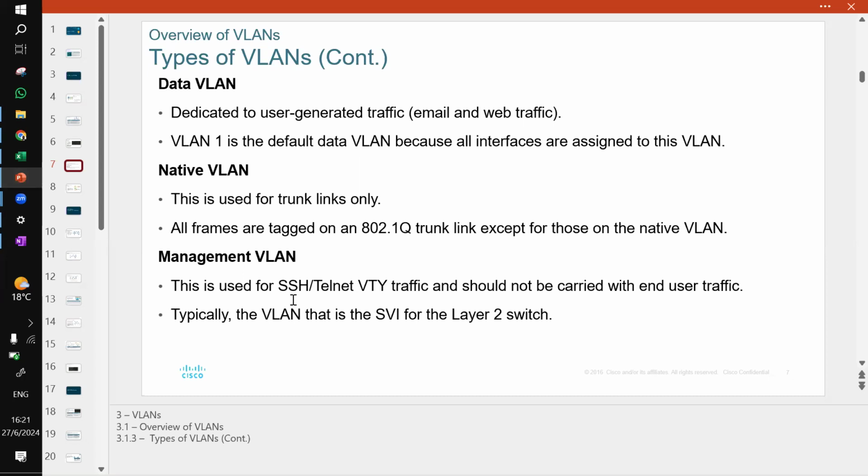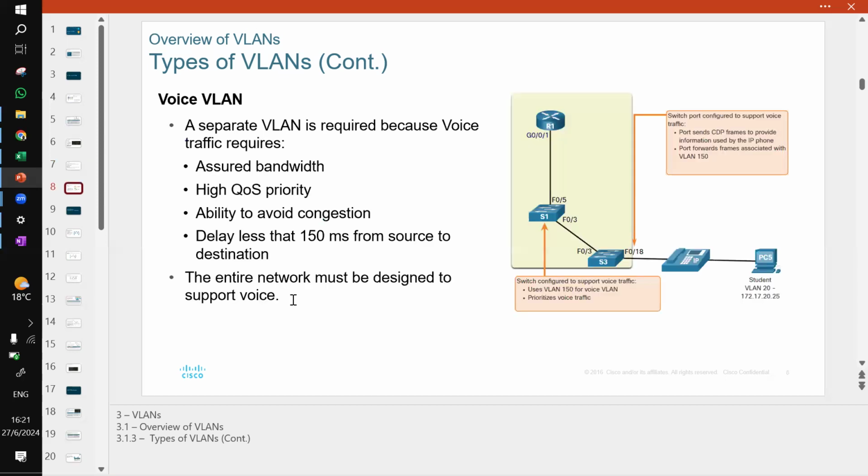You probably know that SSH is traffic used for management, so you create a separate VLAN for it. Then we have voice traffic, which also gets a separate VLAN.